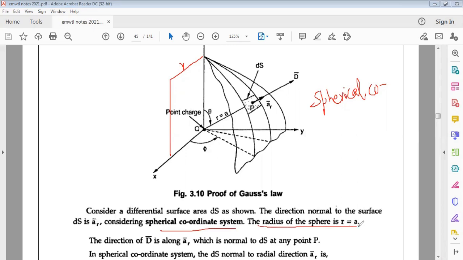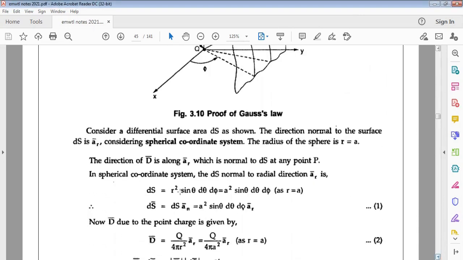The radius of the sphere is A. And the direction of D bar is along a R bar, which is normal to ds at any point P. In the spherical coordinate system, consider the differential surface area normal to the a R bar direction.